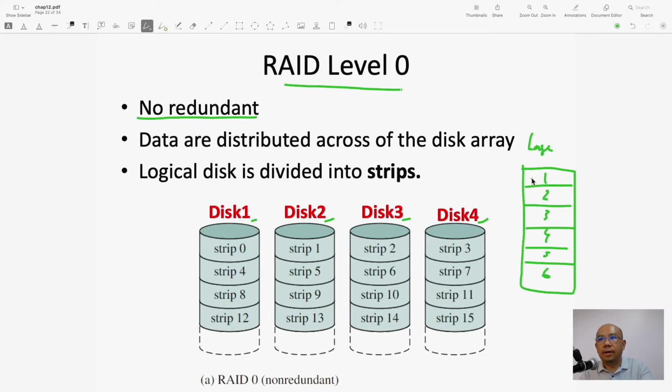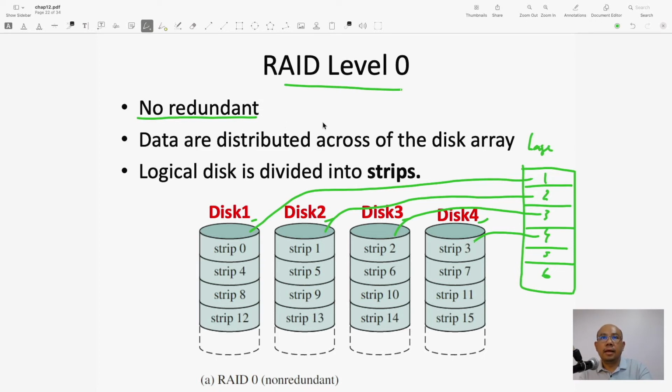The first part of the data will be written to the first disk, the second part to the second disk, the third to the third disk, and the fourth to the fourth disk. So here there is no redundant data.